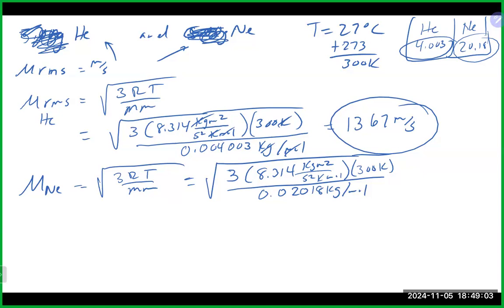For everything again to properly cancel out, Kelvin, Kelvin, moles, moles, kilograms, kilogram. Gives us 3 times 8.314 times 300 divided by 0.02018. And also take the square root of it would be good, I suppose. Gets us something like 609, we'll call it, meters per second.